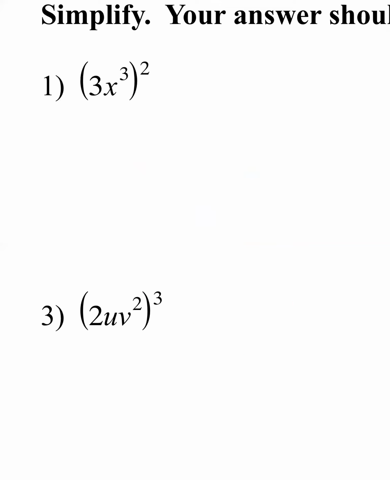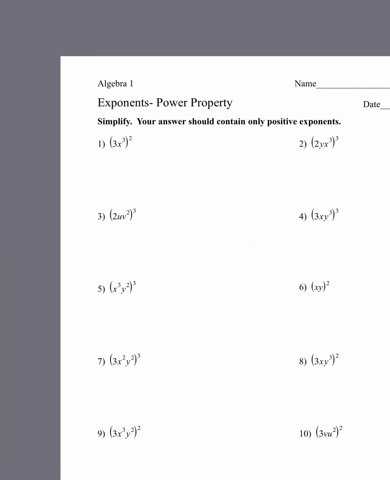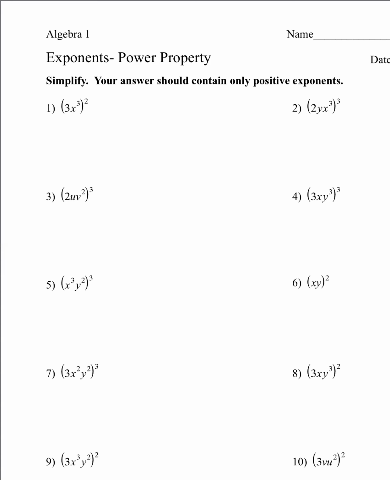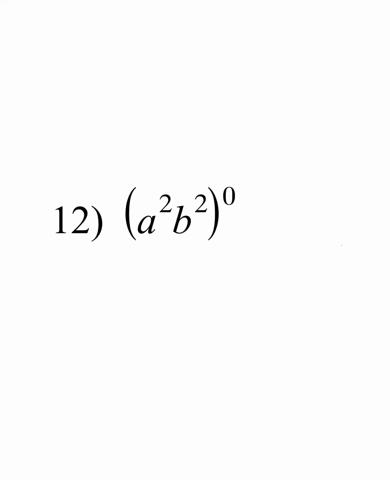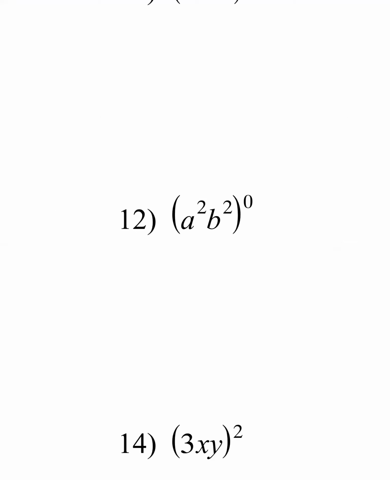Okay, not so bad. Let's see what else we have going on here. All right, let's try 12. I definitely want to do one like this before it sneaks away on us. So, if you remember from the last video, anything to the 0 power is just 1. So I'm still going to give everybody that 0 exponent. So 2 times 0 is just 0.